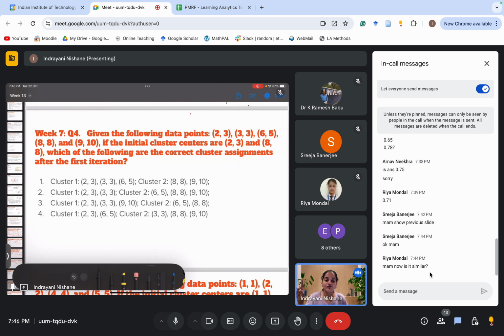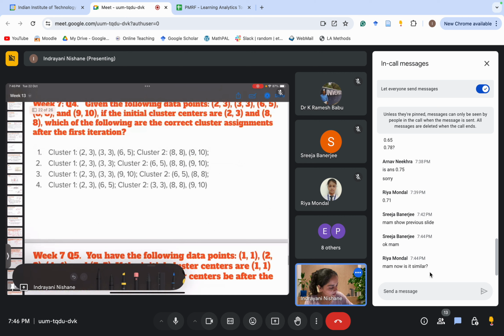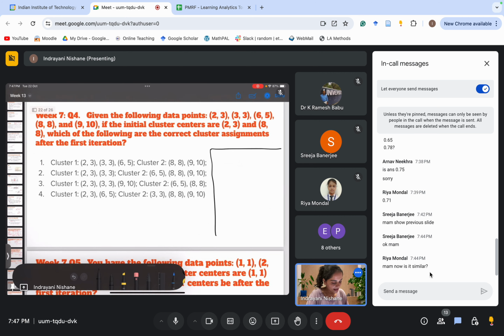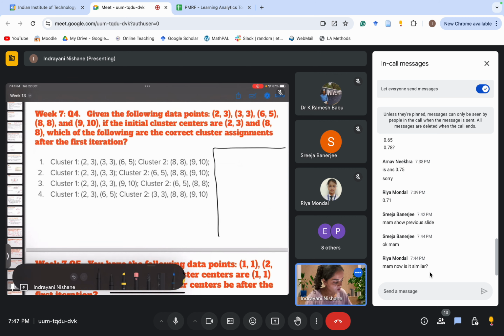So that's why, just like for Pearson's correlation, we followed a tabular calculation form. For this also I would suggest please follow the tabular calculation form. Let me tell you how I do it. I generally write down all the points one below the other, 2, 3, and so on up to 9, 10.